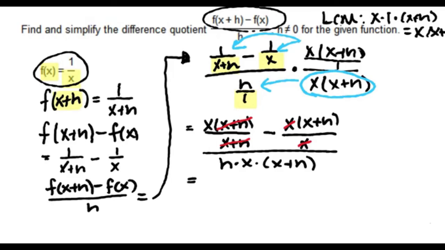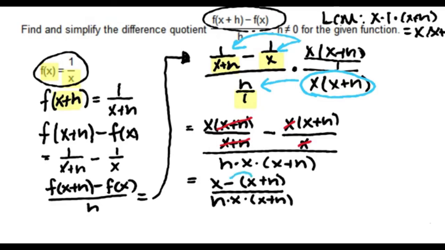So what we have left is x minus, in parentheses, x plus h. Those parentheses are important because that minus sign needs to apply to both terms in the parentheses. And in the denominator we have h times x times x plus h.